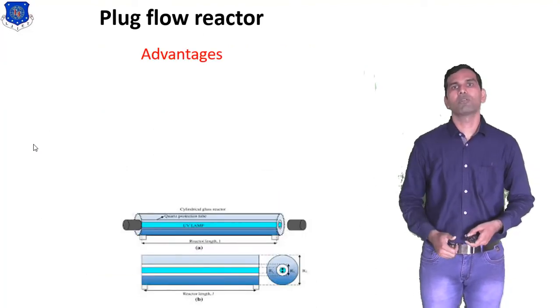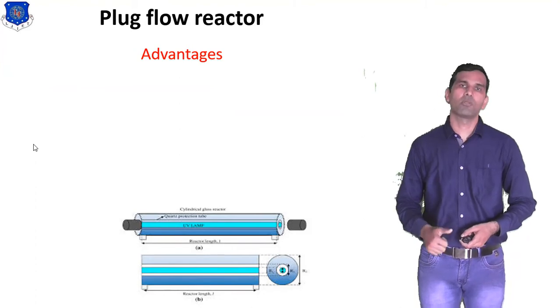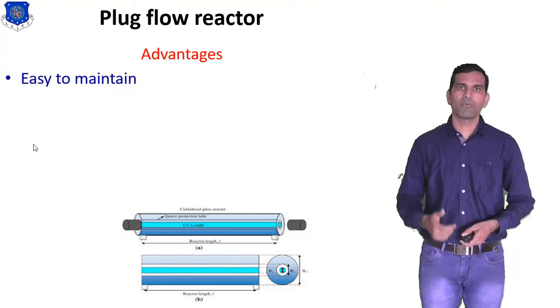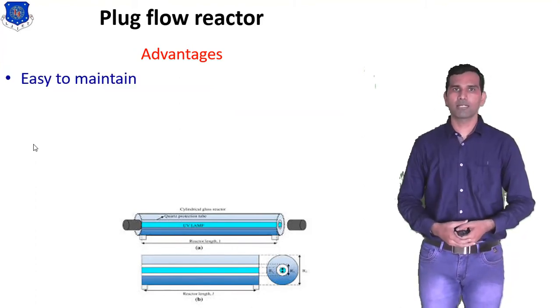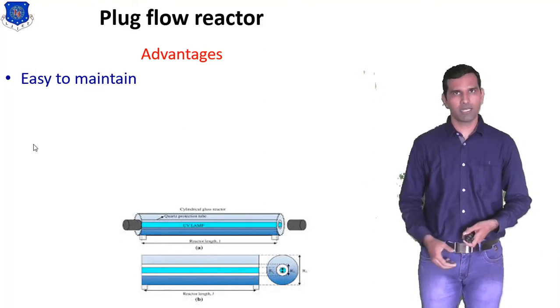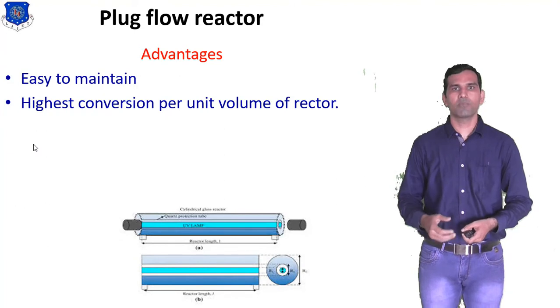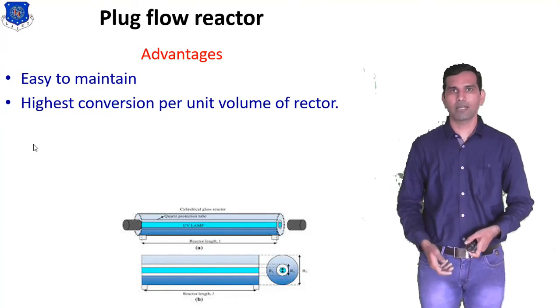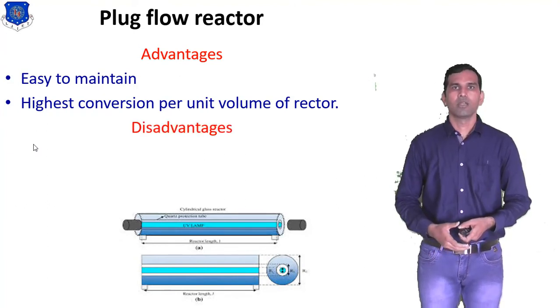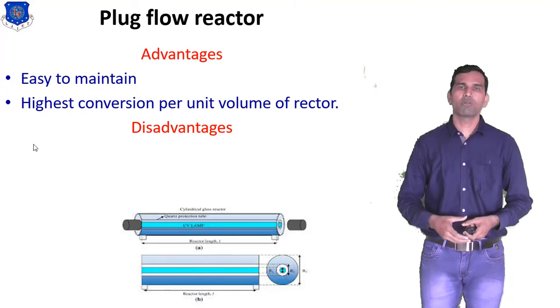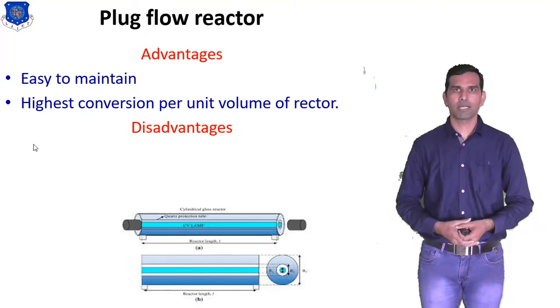Now we discuss the advantages of the plug flow reactor. The first advantage is that it is easy to maintain. The next one is the highest conversion per unit volume of reactor. And now we discuss the disadvantages of this reactor.